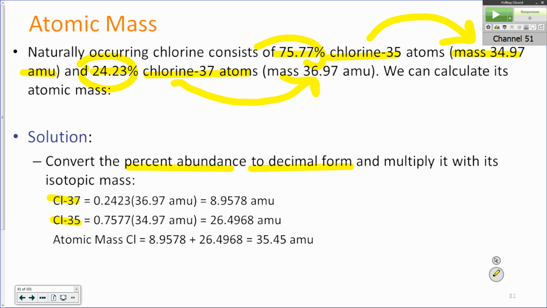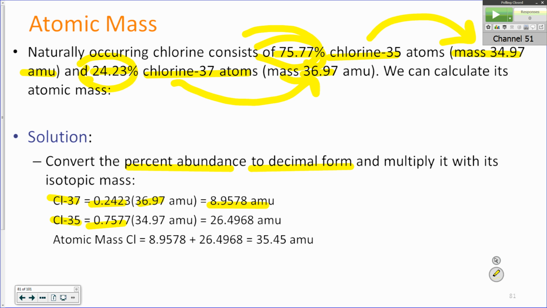Starting with chlorine-37, the 24.23% as a decimal equivalent is 0.2423, times its mass, 36.97, and we find its contribution is 8.9578. We do a similar thing for chlorine-35, which is 75.77%, and we convert that to a decimal equivalent.